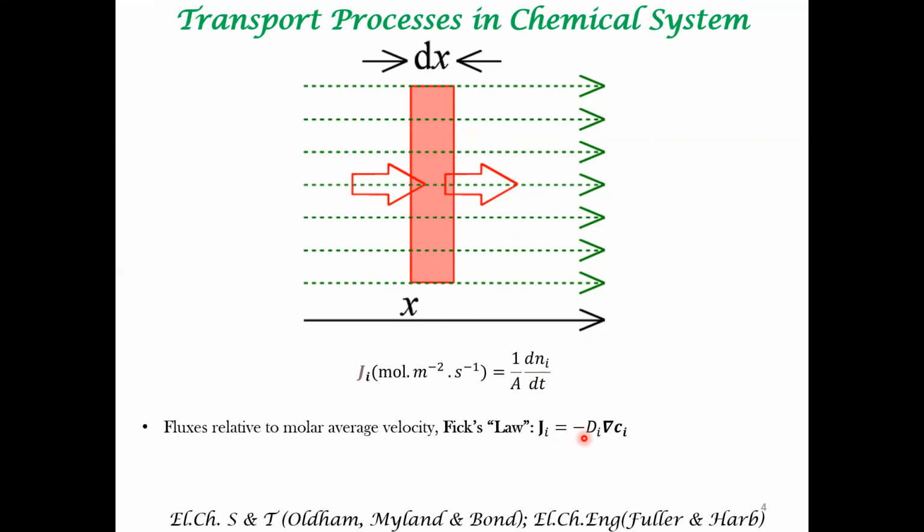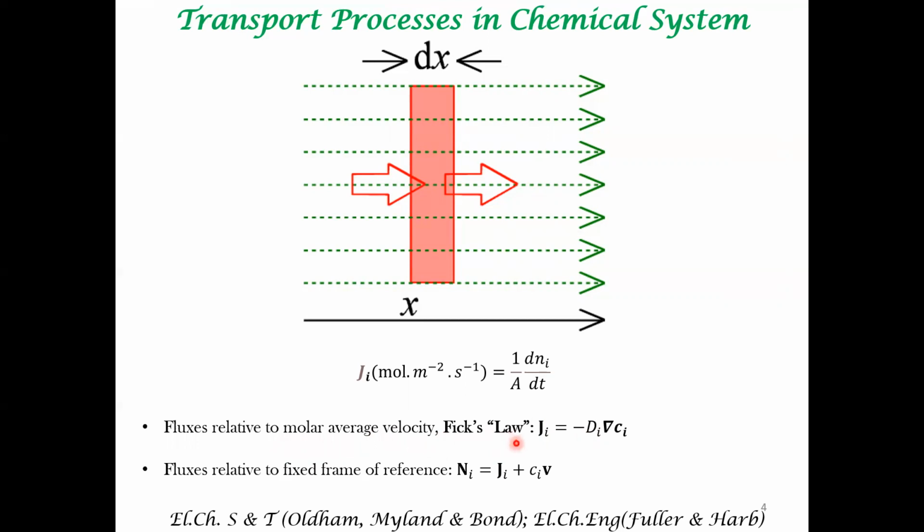All these things must be familiar to you from your previous classes. This flux is given with respect to the average molar velocity. So you can also give this flux corresponding to a fixed frame of reference.